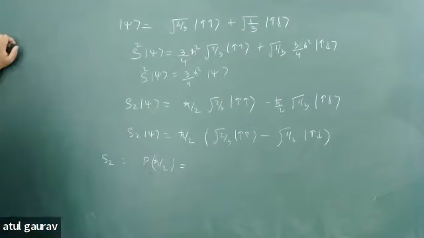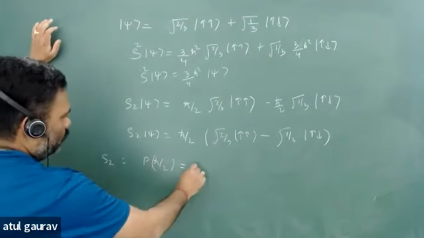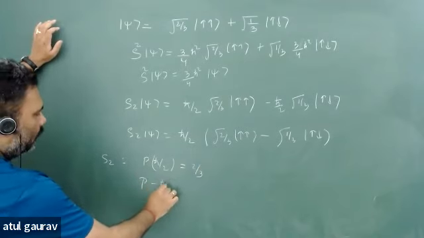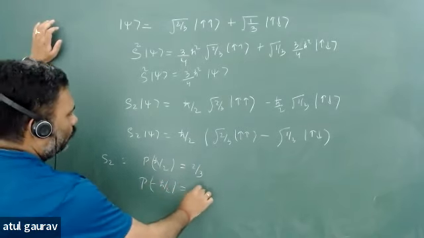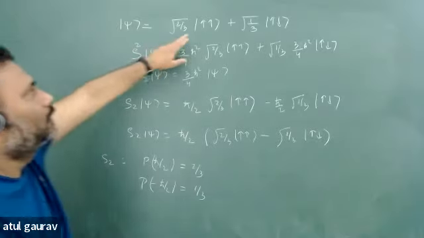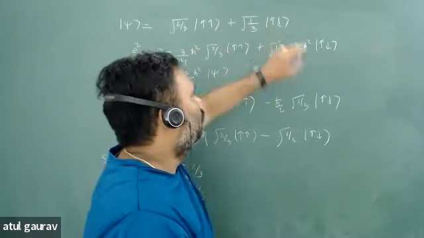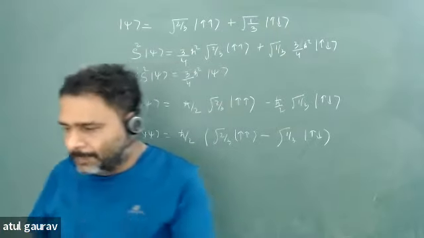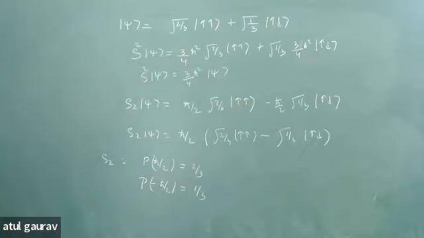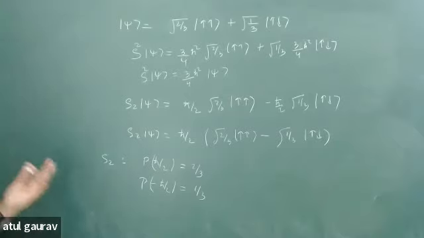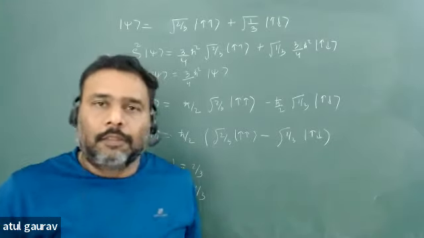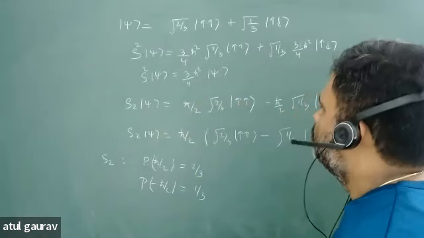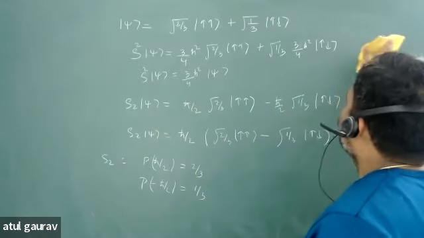What will be the probability of h cut by 2? 2 by 3. And the probability of minus h cut by 2 is what? 1 by 3. So you can just see from here, this will be associated to minus h cut by 2. So these are trivial. The real question will be the next one. This is just trying to recall all the concepts of spin. So let's go for the next one. This is very interesting.